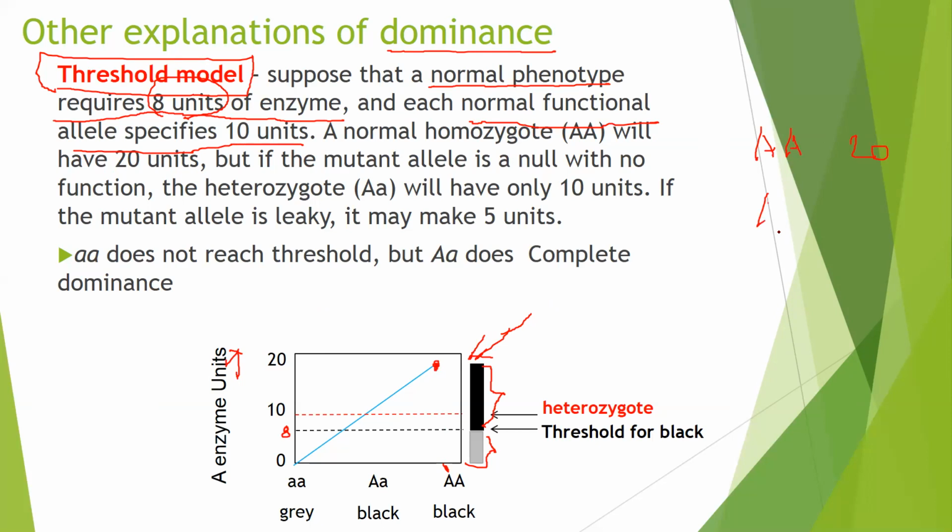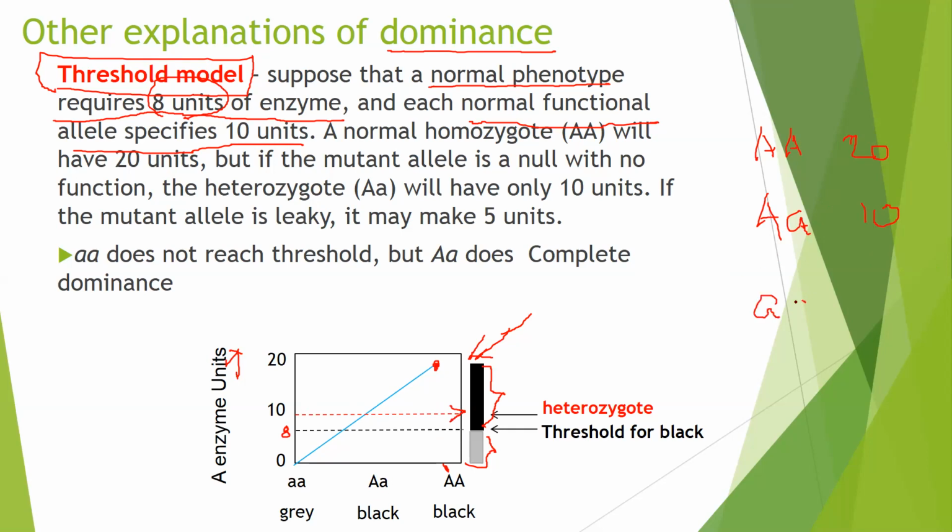Now, if we look at the heterozygous, this individual can also produce 10 units, which is also greater than 8. So this is why you also see the wild type phenotype, dark. So this is complete dominant.